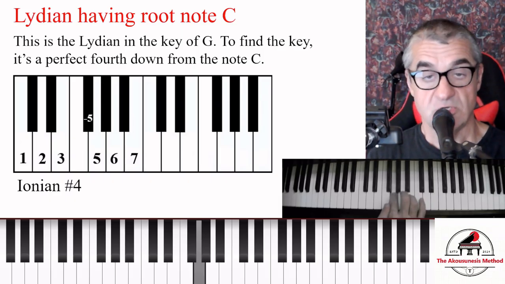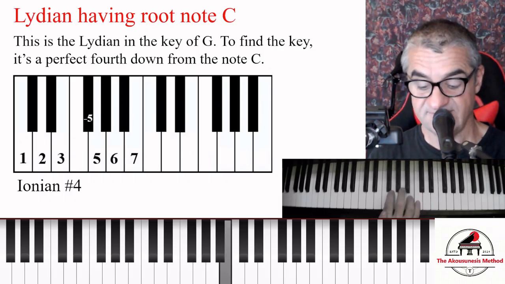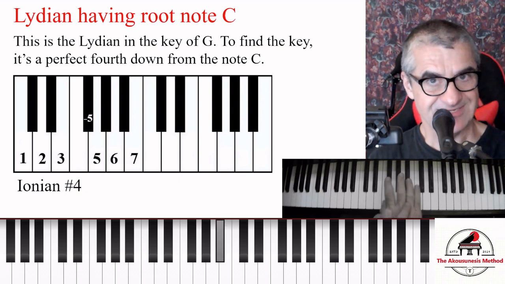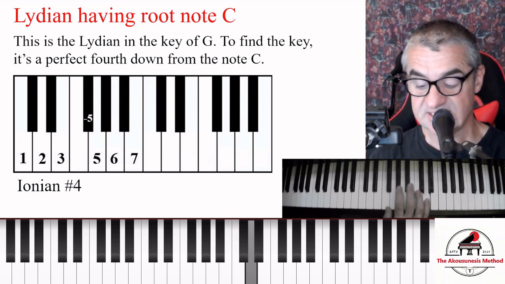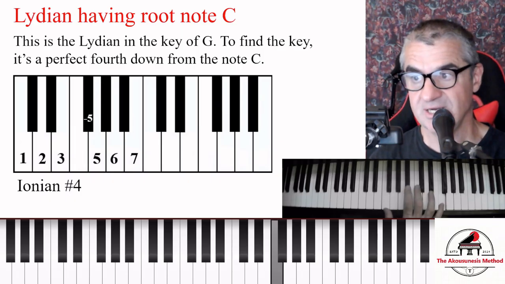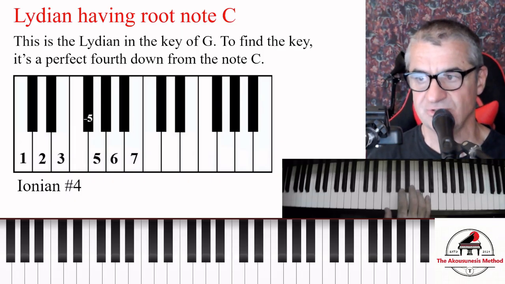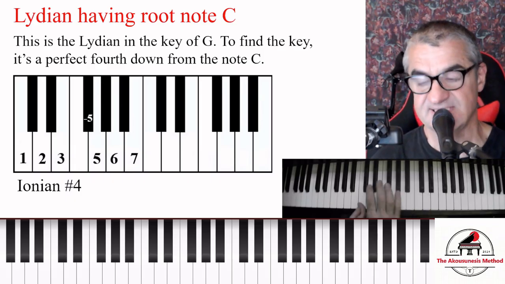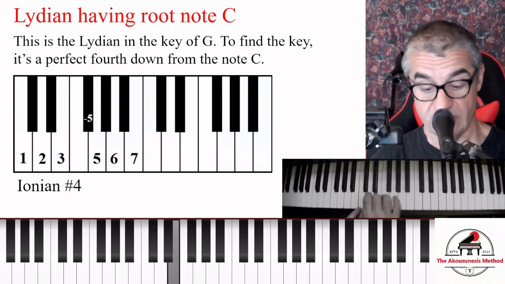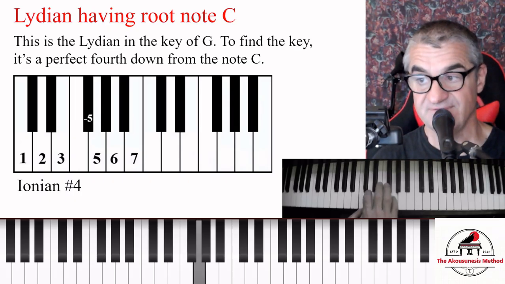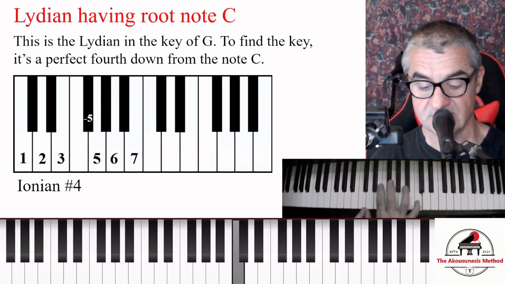Root, 2, 3, 4. No, that's not 4, that's -5. That's 5, 6, +7, and 1. So you can see up there, and we've slid it down to 1, and we've got 1, 2, 3, -5, 5, 6, 7, 1.